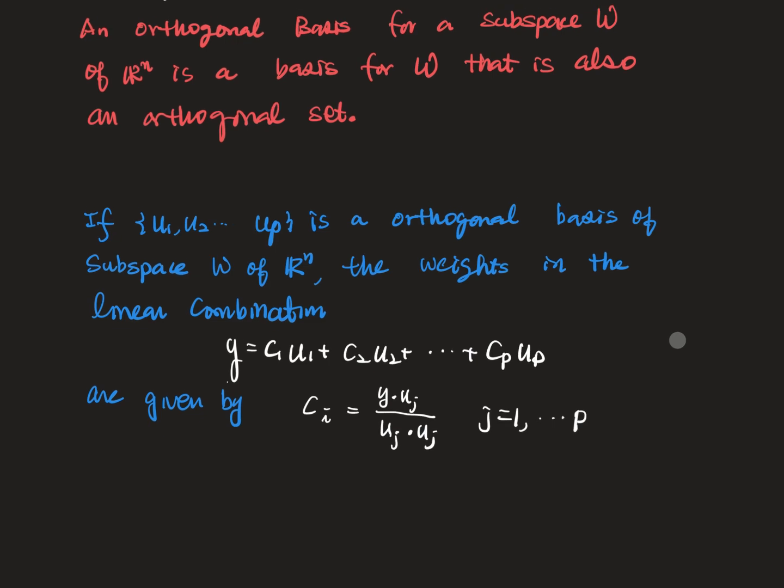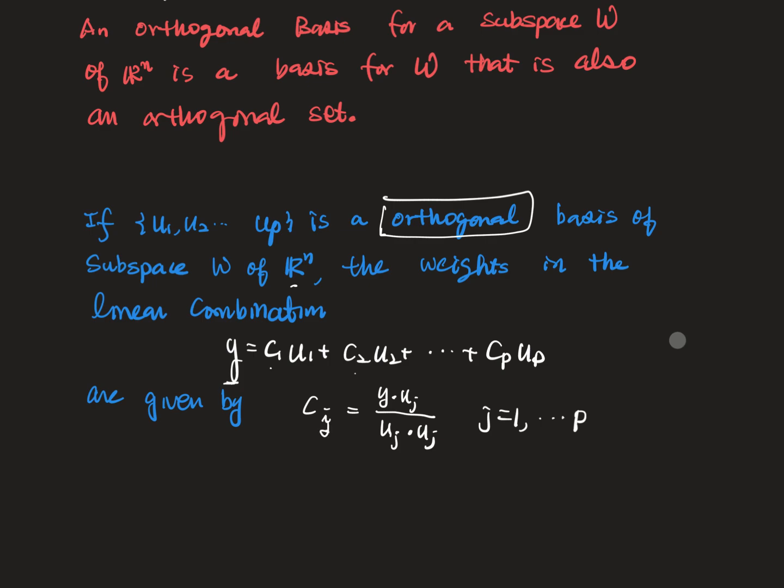When you have a vector y in Rn, and u1 through up is an orthogonal basis, make sure it's an orthogonal basis, then we don't have to go through row reduction. Each scalar c1, c2, through cp is y inner product uj divided by uj inner product uj. That's how you find each coefficient cj.